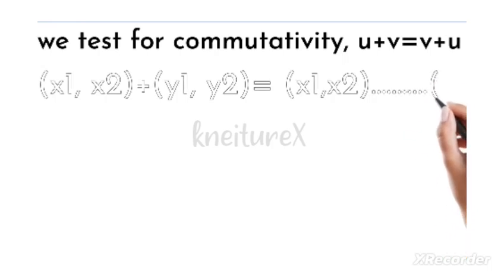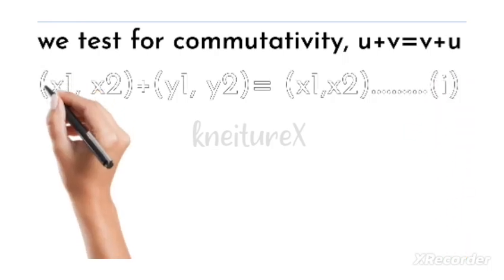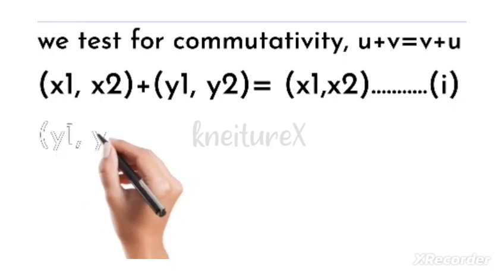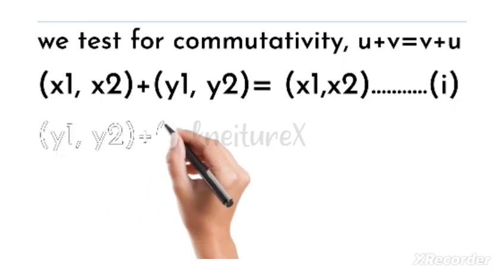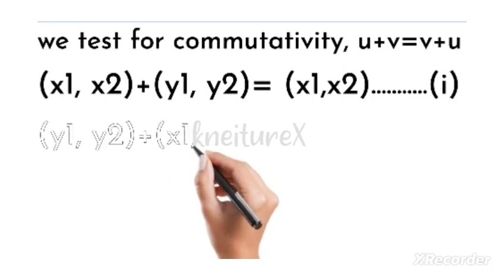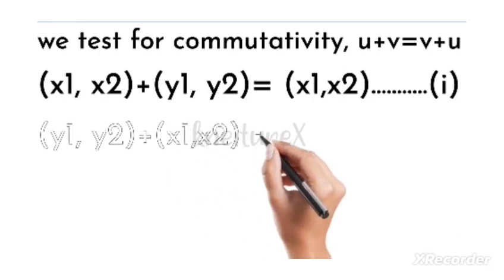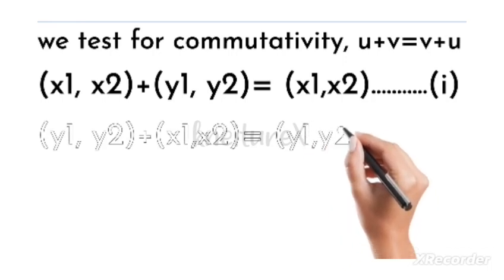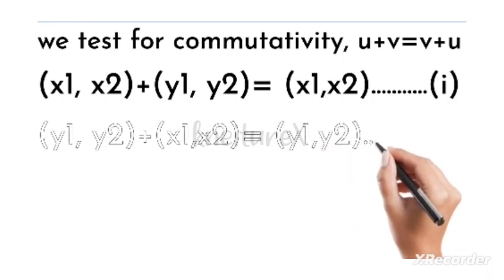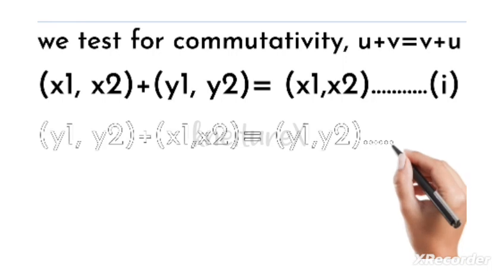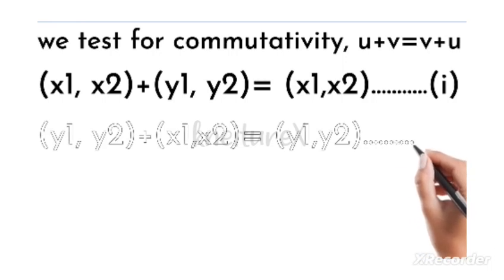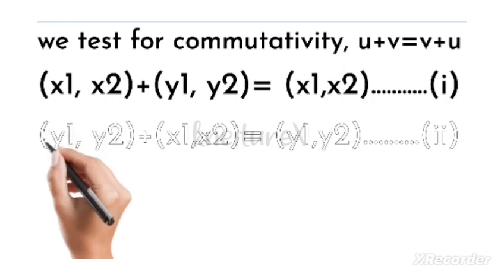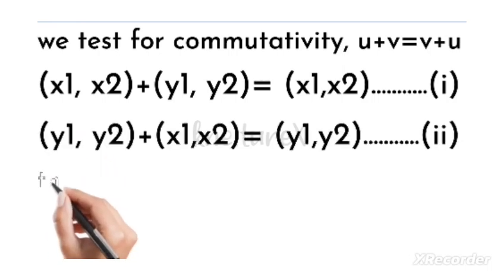Now to test for commutativity, v becomes u, v comes first, u comes second. So (x1, x2) is our u, (y1, y2) is our v. So what do we have? We simply have a result to be (y1, y2). Why? Because in the rule, the first vector is repeated on the right hand side when adding with another vector.